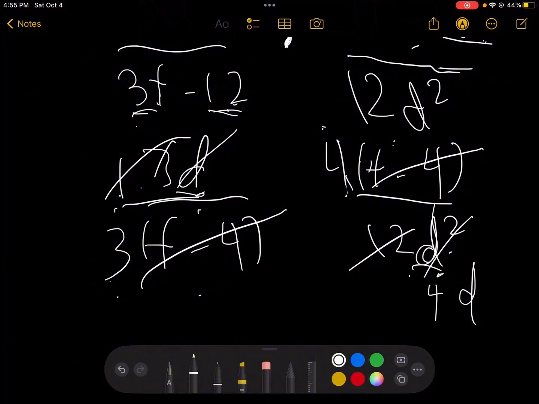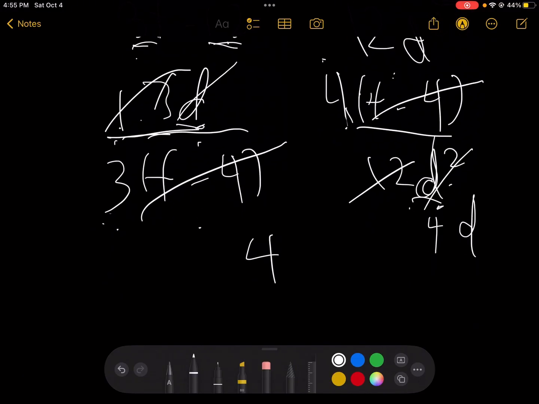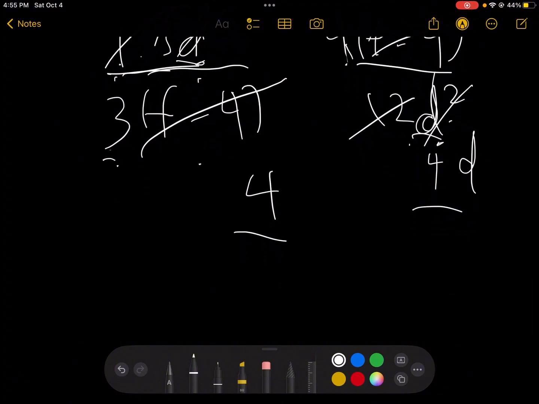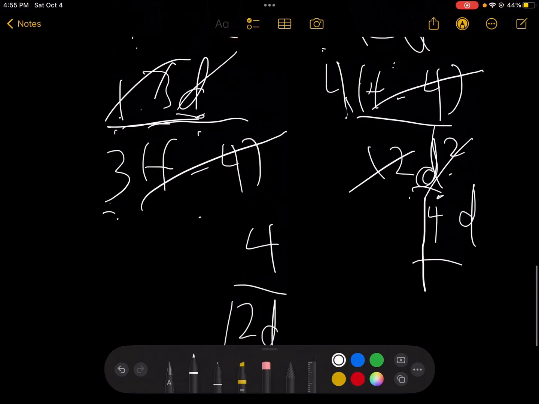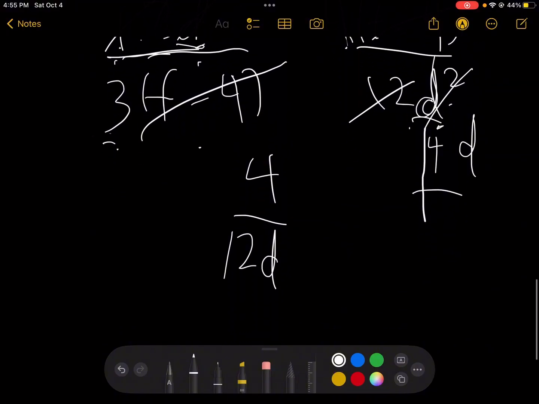Now we multiply what's left. There's nothing to multiply here, so you just write 4, and then 3 times 4d would be 12d. Now, this still isn't the final one, since these two still have a GCF, which means we can cancel this too.